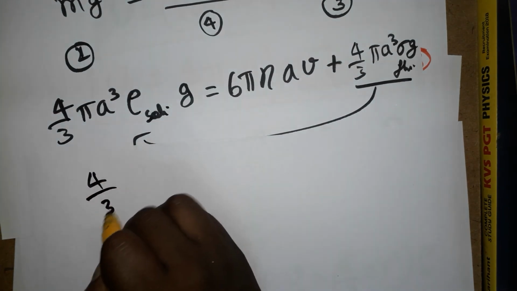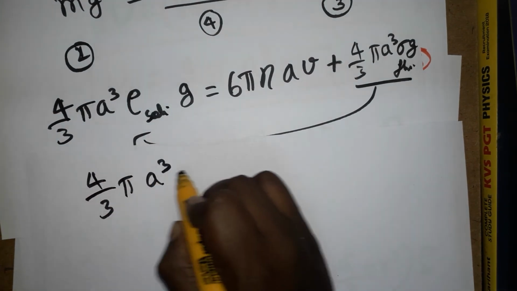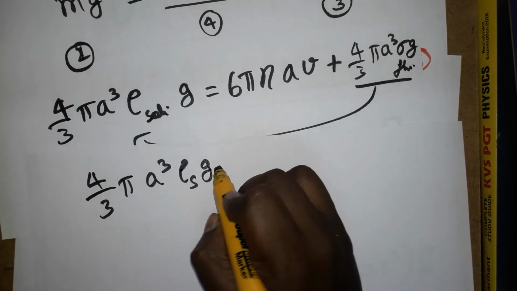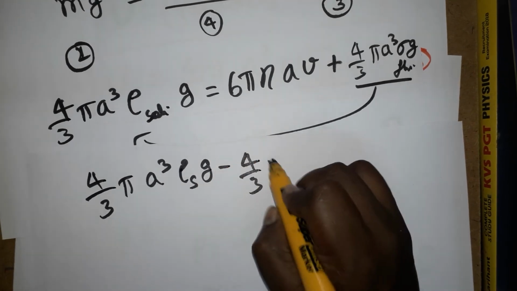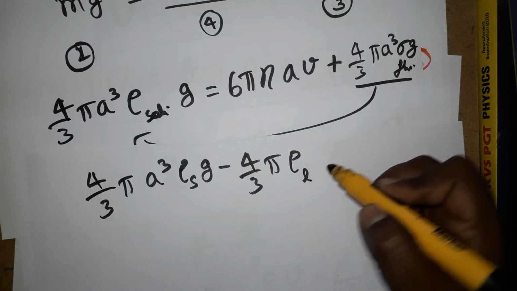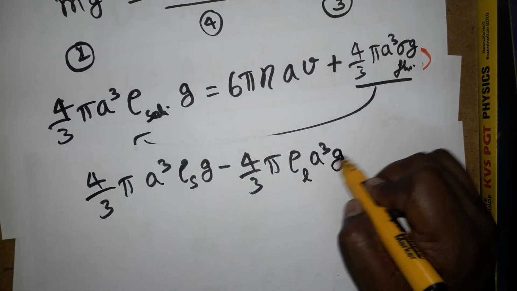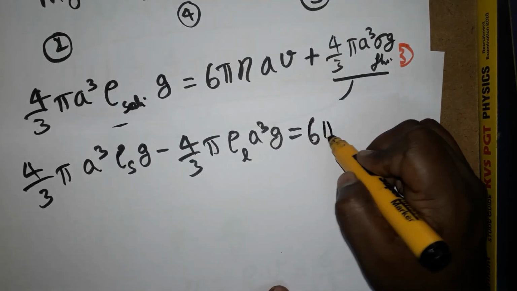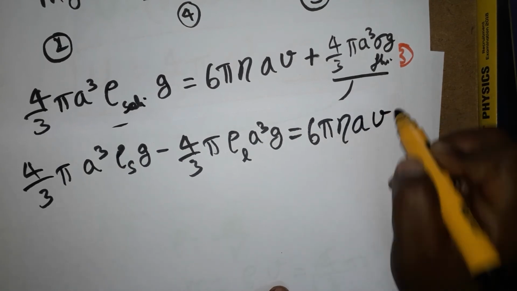It's going to be 4 by 3 pi a cube density of the solid g, minus 4 by 3 pi a cube density of the fluid or liquid g, is equal to 6 pi eta a v.